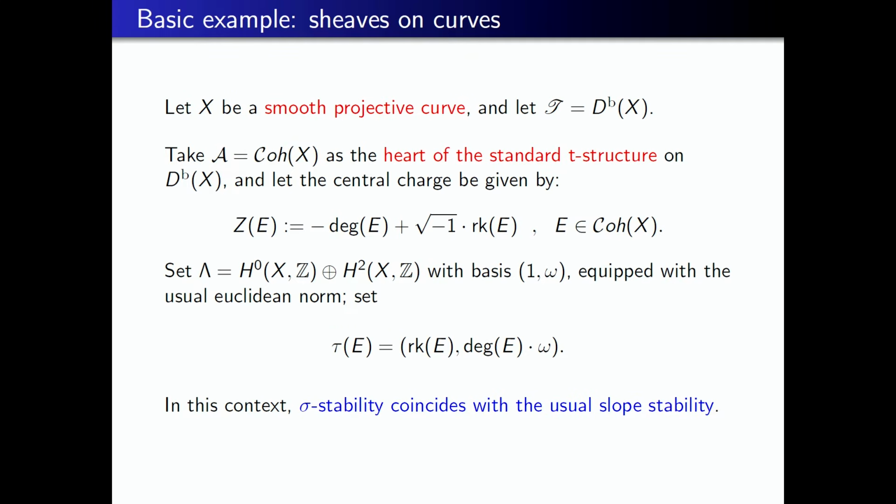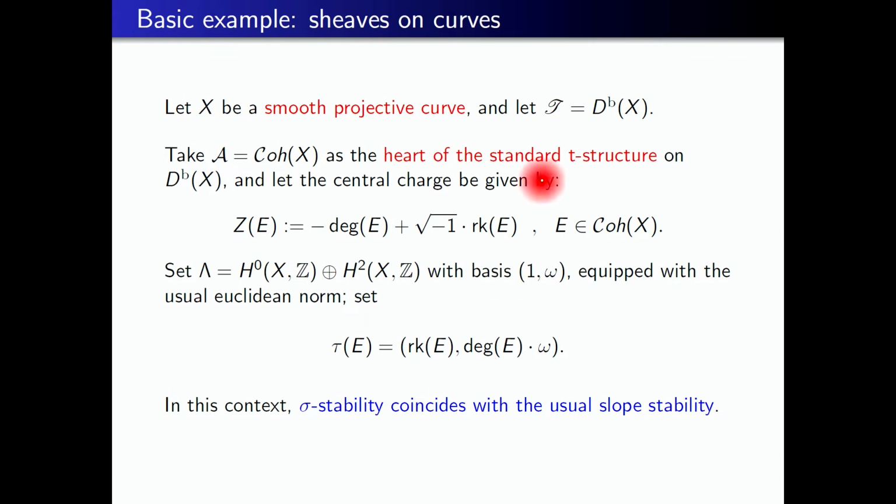It has this fancy name, the heart of the standard t-structure. Any abelian category is always a subcategory of its derived category. So you have this standard heart, and there you can take this stability function, which is minus degree, and then the imaginary part is rank.